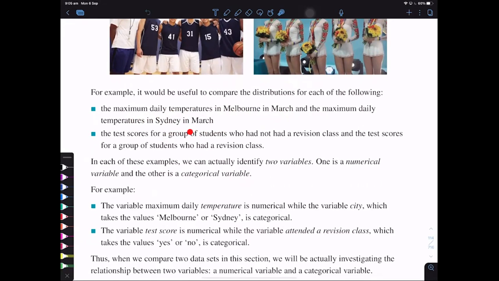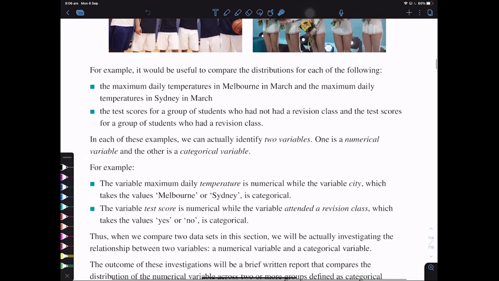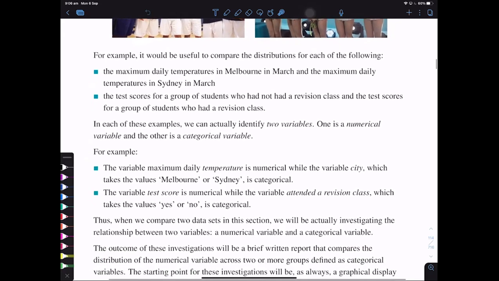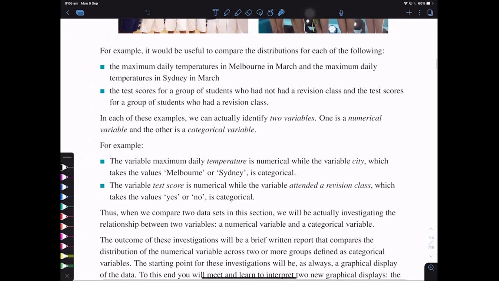Big hint. Test scores. You can also compare test scores.